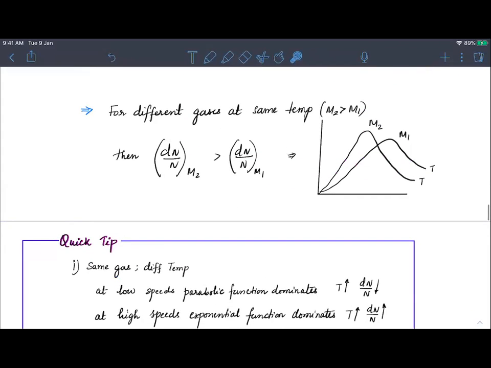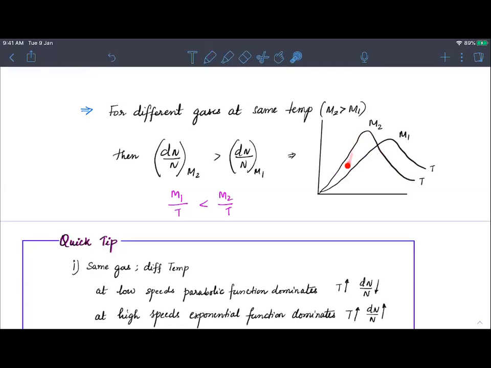Now check this. For different gases, if molar masses are different at the same temperature, then m1 by T, m2 by T, if you consider, and if m2 is greater than m1, then this m2 by T part dominant hoga parabolic pe, and then less hoga exponent pe.